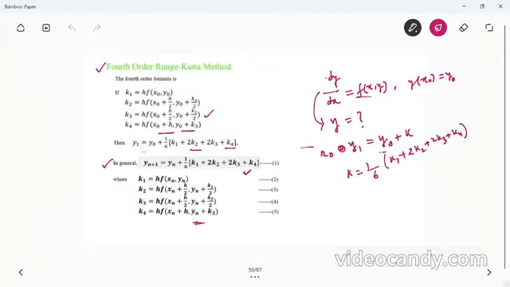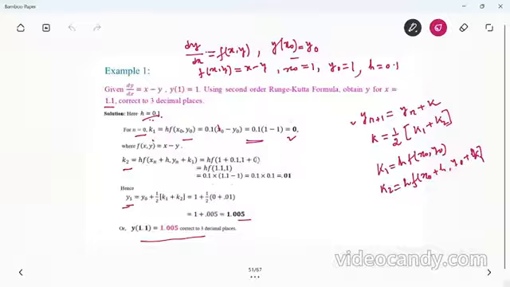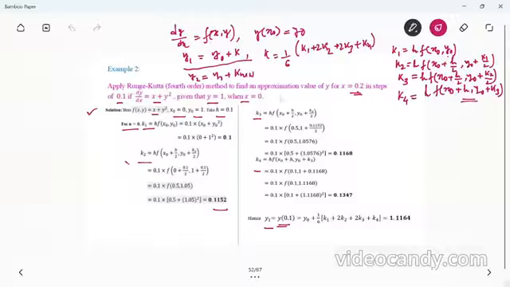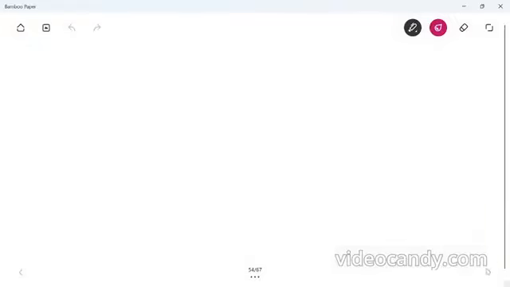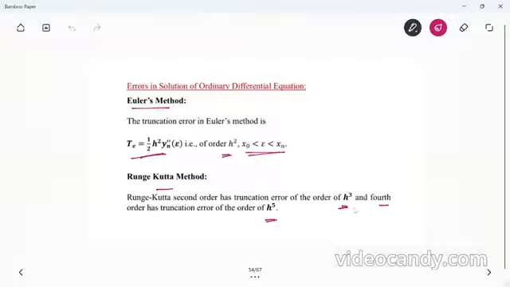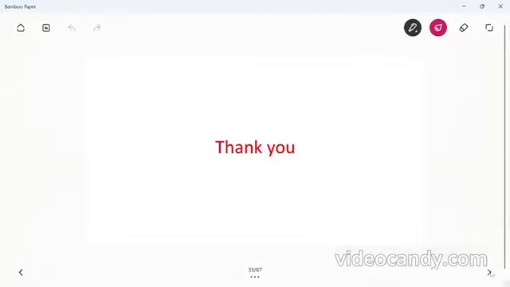So this is k1, k2, k3, k4, and this is the formula for how to calculate them. Then we solved one problem on the Runge-Kutta method of order 2, and next one problem with the Runge-Kutta method of order 4. Then this is the error calculation of Euler's method and Runge-Kutta method. And thank you.